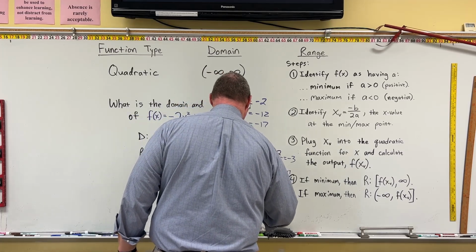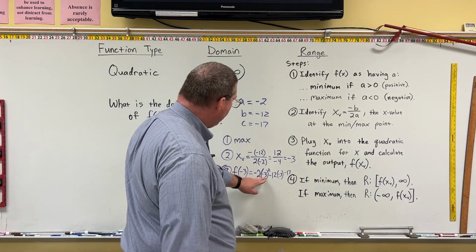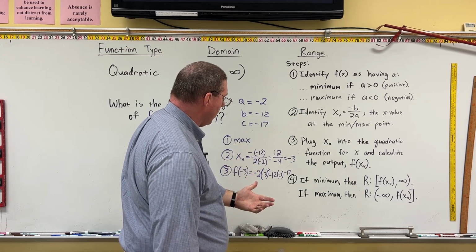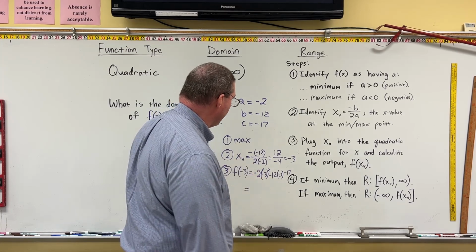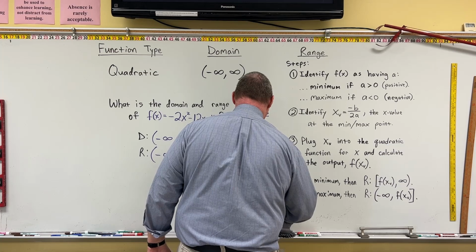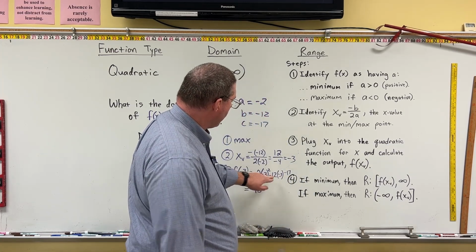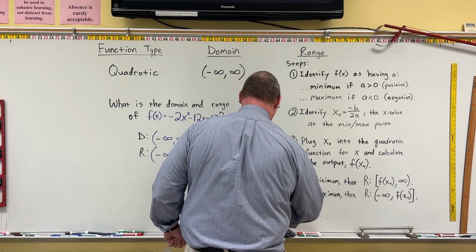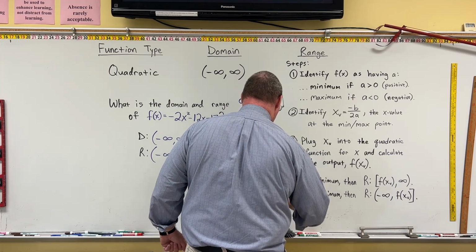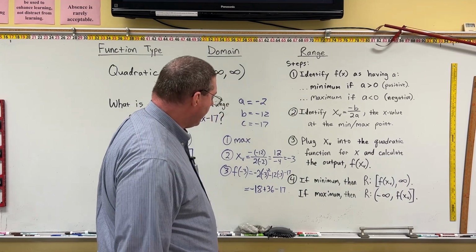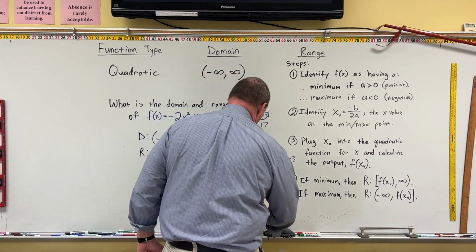So that means that f of negative 3: negative 3 squared, that's negative 3 times negative 3. That's positive 9. Positive 9 times negative 2, that's negative 18. Negative 12 times negative 3 is positive 36. So I'll put plus 36 minus 17. You might need a calculator for this. I don't, but you may.